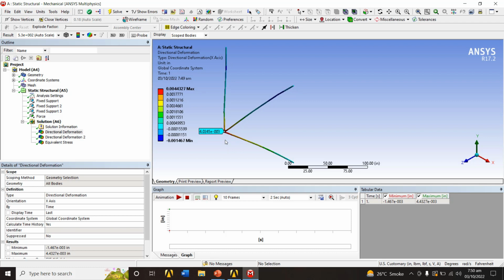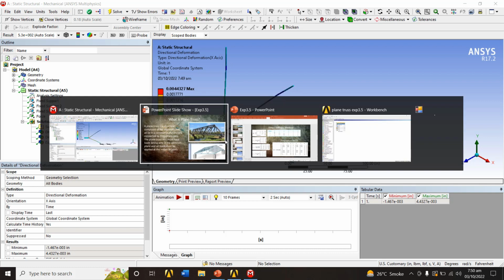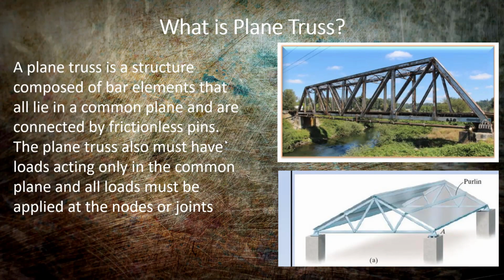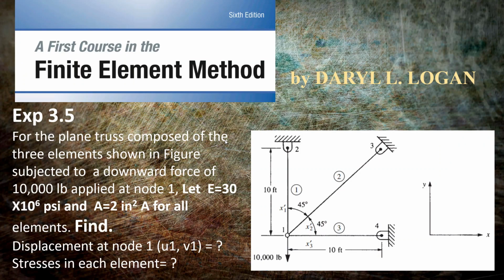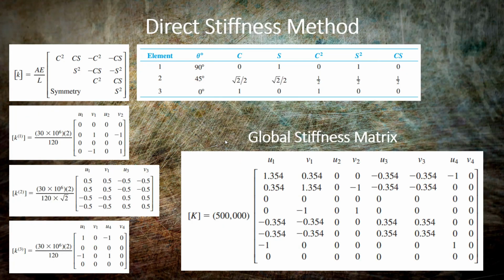Now we will validate our results with the solution obtained from direct stiffness method. This was our problem, and this is the solution of the above given example by using direct stiffness method.